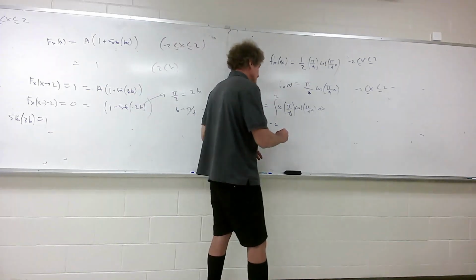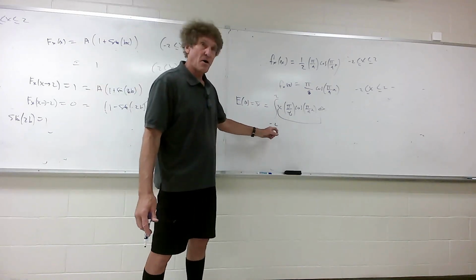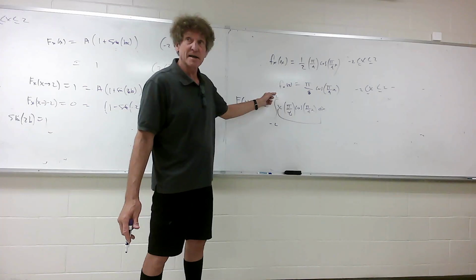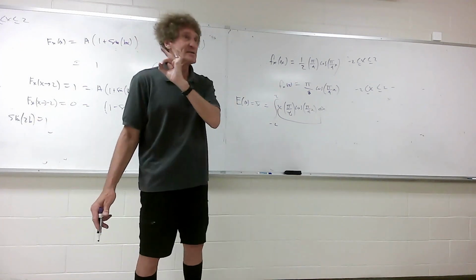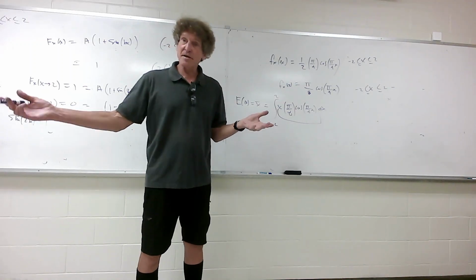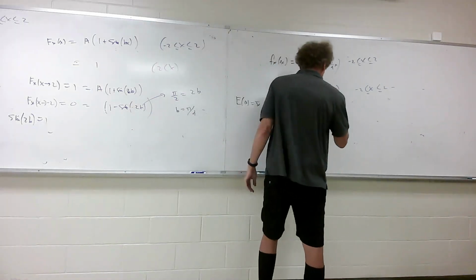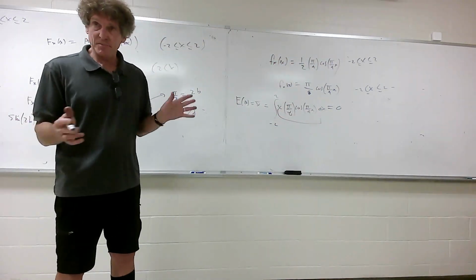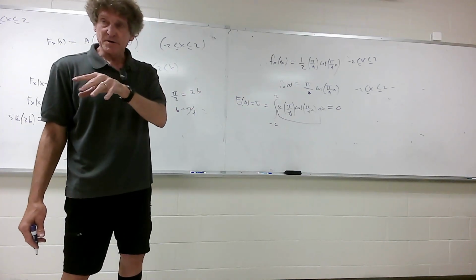The entire thing is an odd function. If you integrate an odd function from minus a to plus a, regardless of what a is, it's 0. Just integrate x dx from minus 2 to plus 2. What do you get? 0. The negative area is the same as the positive area, in other words. So this is 0. This is a really great one because it's simple to do. I didn't have to do integration by parts. All right? Stay with me on this one.